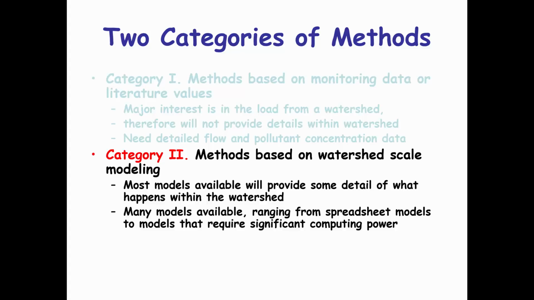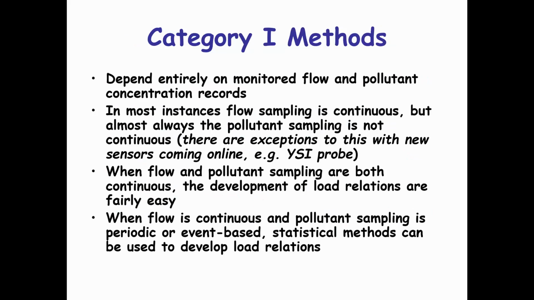So in this presentation, I'm going to cover Category 1 methods in this first section. A second video will follow up from that to discuss Category 2 methods. Category 1 methods depend entirely on monitored flow and pollutant concentration data, or as I mentioned before, they might actually just depend on literature values.